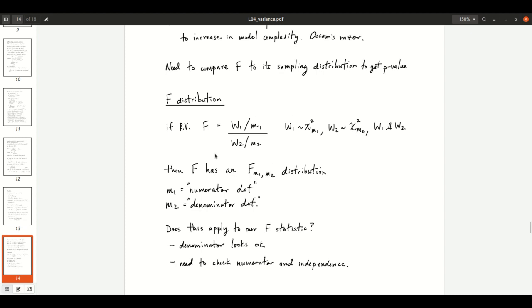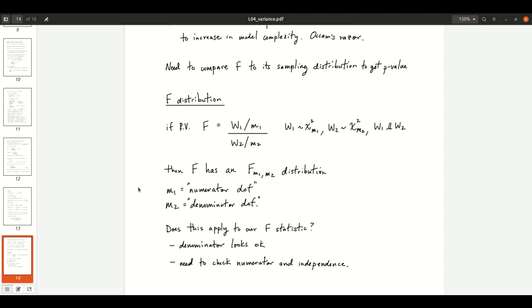Then that quantity has an F distribution with M1, M2 degrees of freedom. We'll normally call M1 the numerator degrees of freedom and M2 the denominator degrees of freedom for obvious reasons.